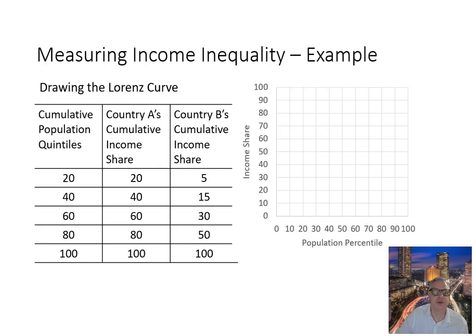Okay, so now let's draw the equal income distribution line, maybe in blue. Okay, 20% get 20, so I'll make a dot here. Then 40% get 40%, a dot here. 60% get 60%, a dot here. 80% get 80, and 100.